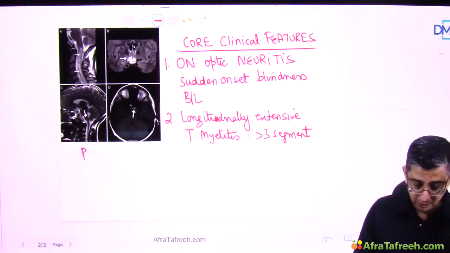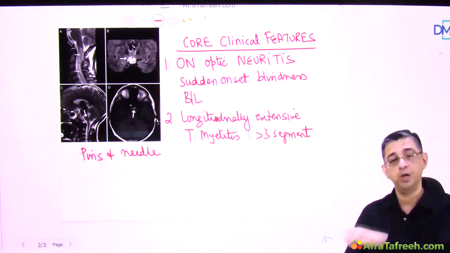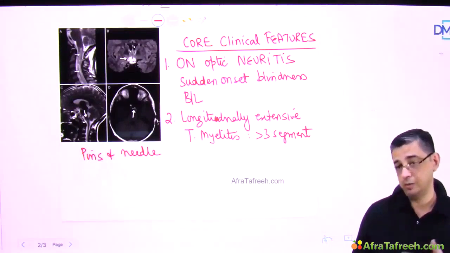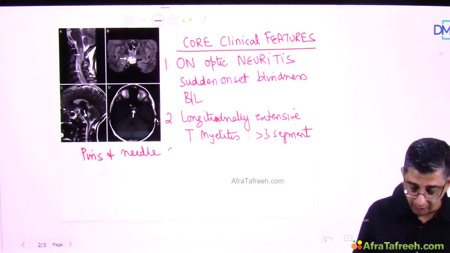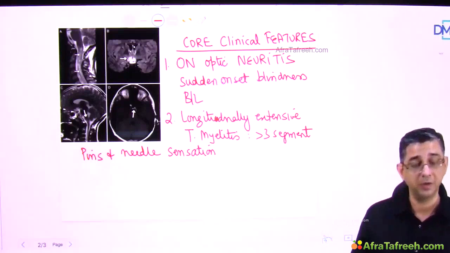How the transverse myelitis will present initially could be something as simple as the person saying, I feel as if somebody is poking me with a pin all over my body or half side of my body, or maybe on both the limbs, or maybe one arm. So an unpleasant pins and needles sensation, a painful sensation that might awaken the person from sleep, is the initial presentation.